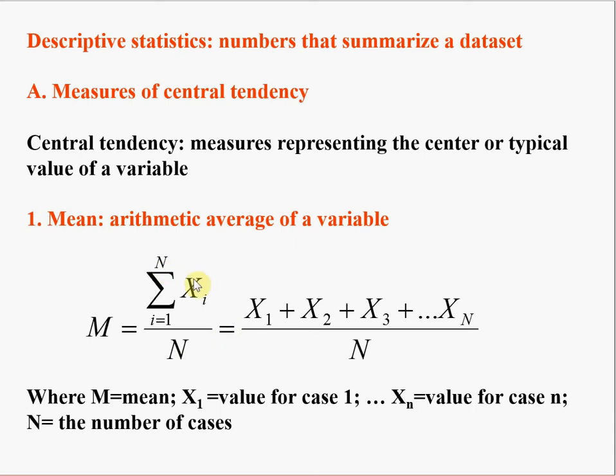If you write out this succinct equation, that's what it means. Every single value of variable x, find the summation, and divide by n. This is a sample formula, but the population formula of the mean should be the same, except that there should be a mu here, but we show a sample formula.